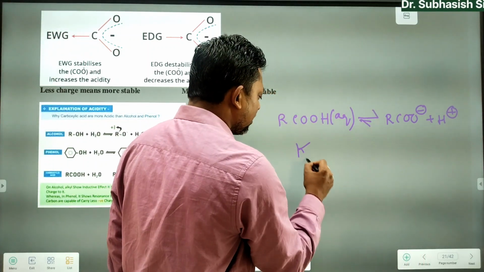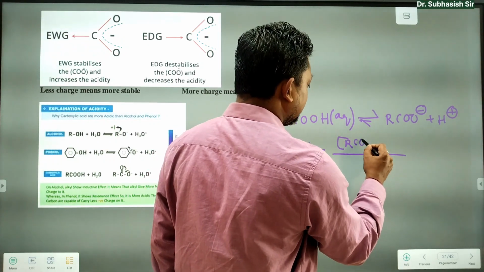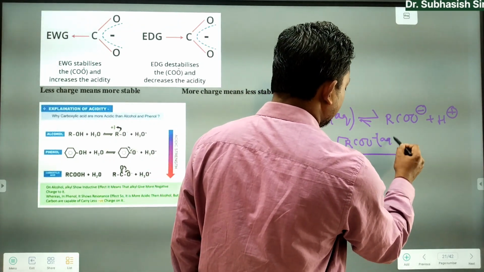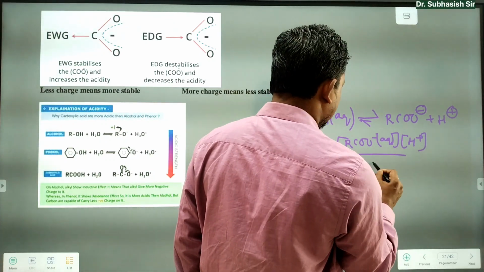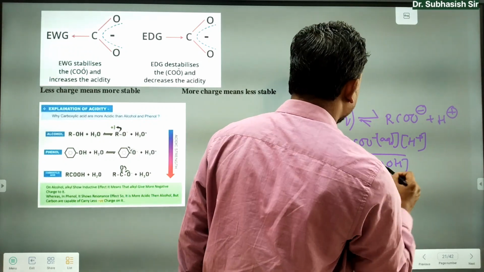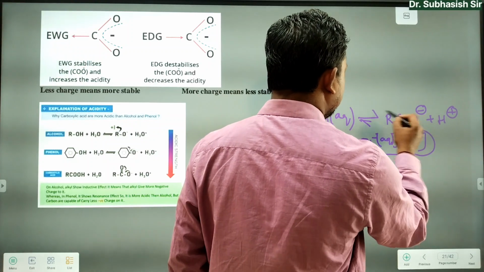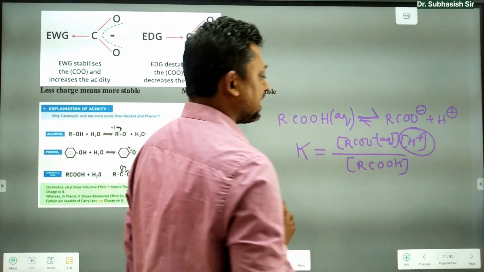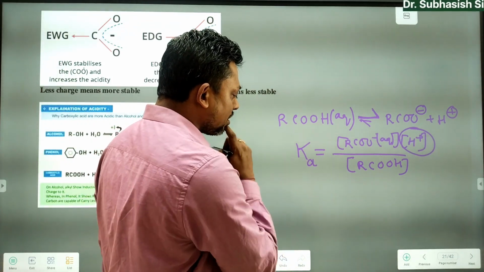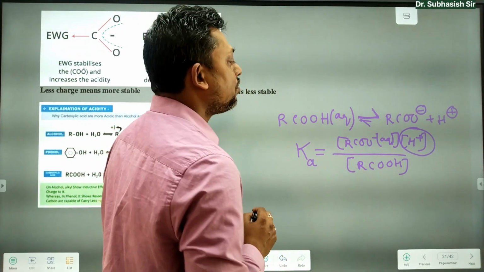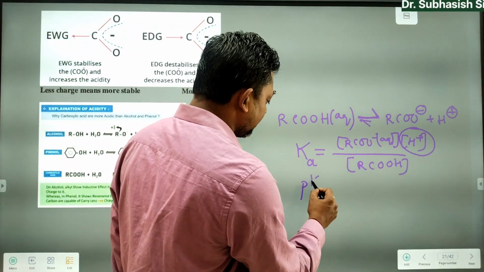Now the equilibrium constant of this reaction can be expressed by this formula. As I discussed, if hydrogen ion concentration is more, that means equilibrium will shift more towards the right, acidity is more, and in that case the dissociation constant Ka is also more.